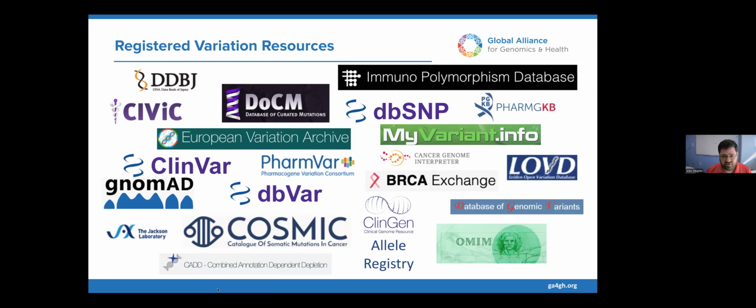And this is, of course, in addition to the many resources that exist that provide registered identifiers for variants and represent those variants using similar but distinct data models. The idea here is to provide a consistent exchange format so that the way that variants are represented in each of these can be consistently exchanged, reused, and integrated in downstream pipelines.